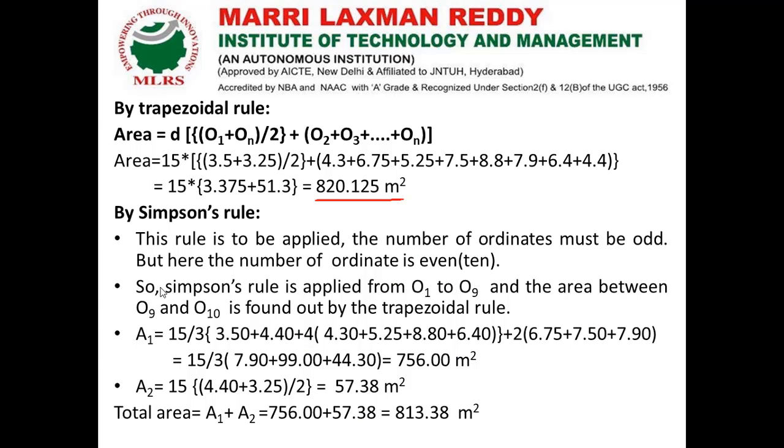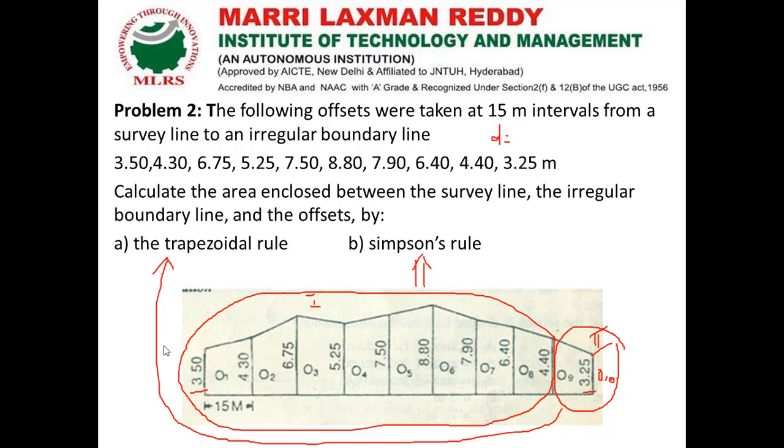First, A1 equal to area 1 equal to d by 3 into O1 plus last ordinate.